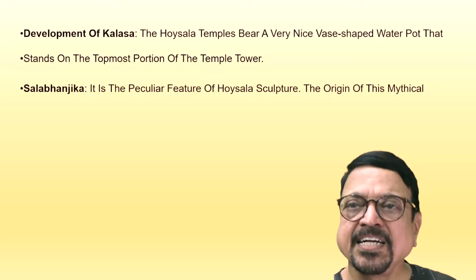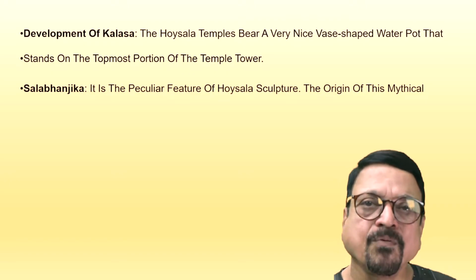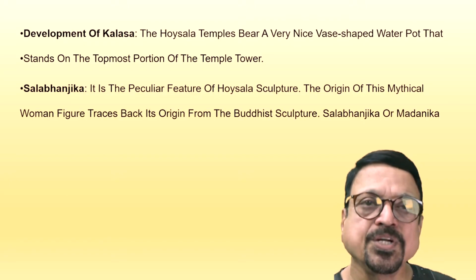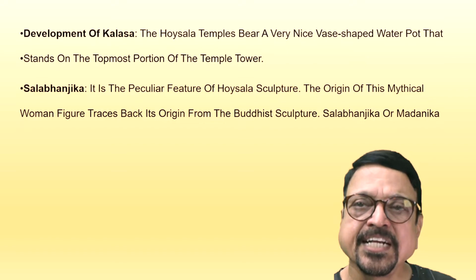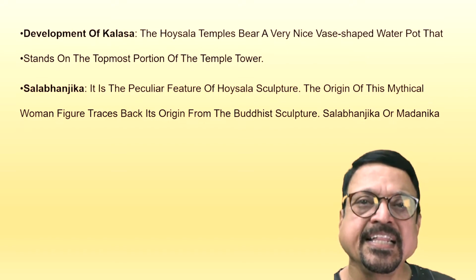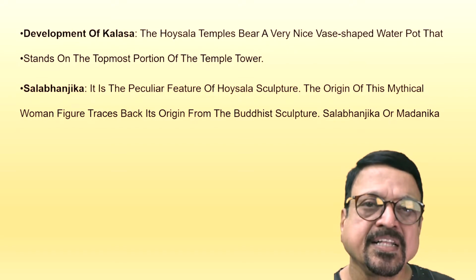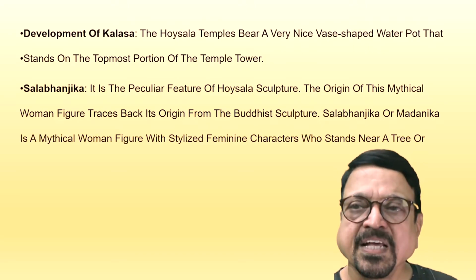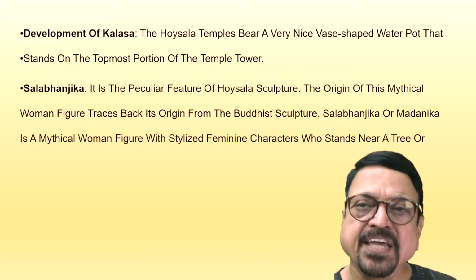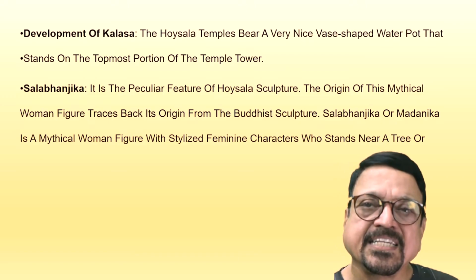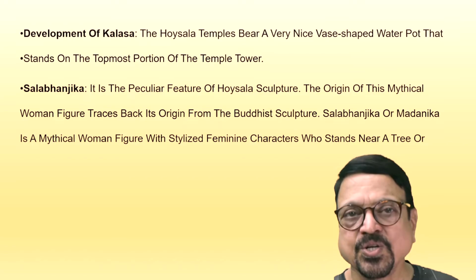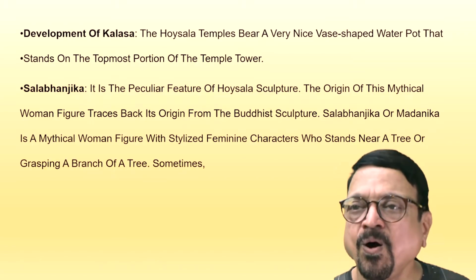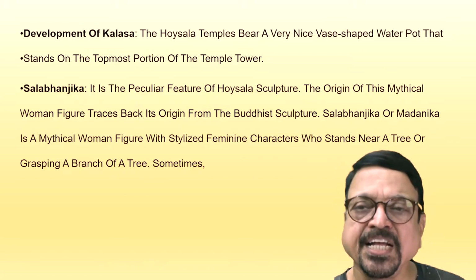Then Salabhanjika is a peculiar form of Hoysala sculpture. The origin of the mythical woman figure traces back to Buddhist sculpture. The Salabhanjika or Madanika is a mythical woman figure that stylizes feminine characters who stand near a tree or grasp a branch of the tree.